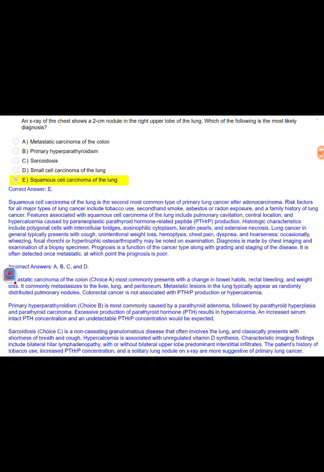Lung cancer in general typically presents with cough, unintentional weight loss, hemoptysis, chest pain, dyspnea, hoarseness, occasionally wheezing, and focal rhonchi. Hypertrophic osteoarthropathy may be noted on examination. Diagnosis is made by chest imaging and examination of a biopsy specimen.